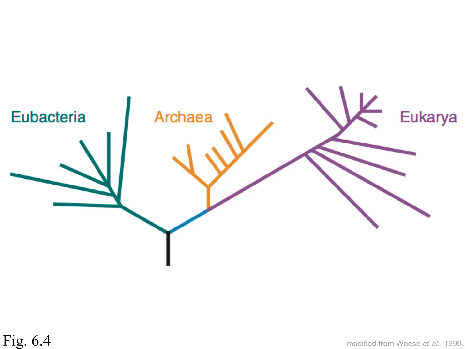Okay, so 3 domains of life. Eukaryotes, humans are in this domain. Archaeans and eukaryotes, I'm sorry, eubacteria, I read that wrong. So bacteria, eu means true. True bacteria, archaeans, which are not bacteria, but sort of look like bacteria and have some similar properties.